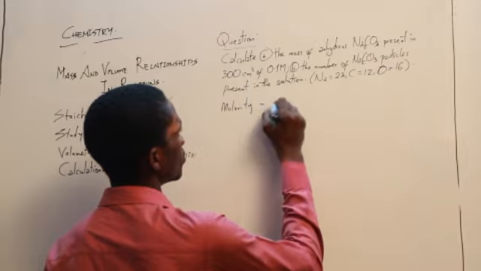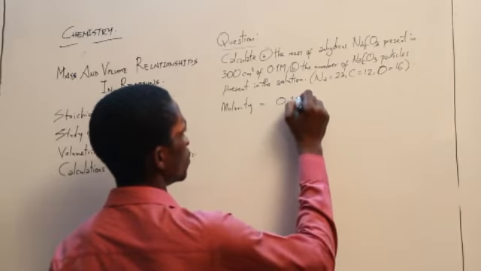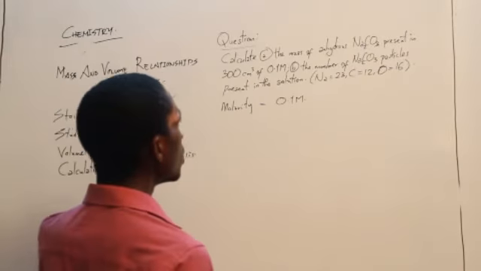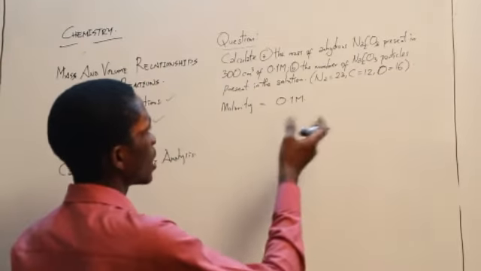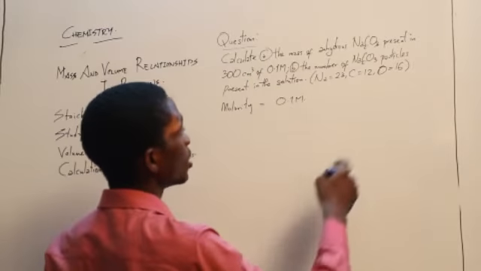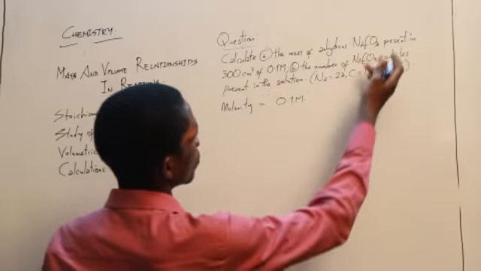Molarity is 0.1 molar. Of course, we can always calculate the molar mass. We can see the expression.